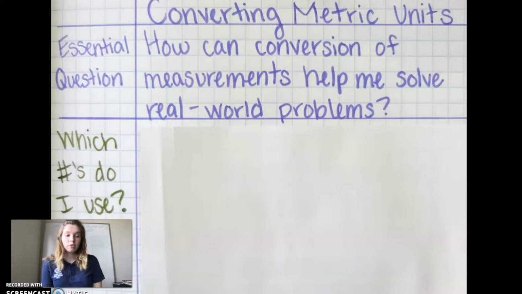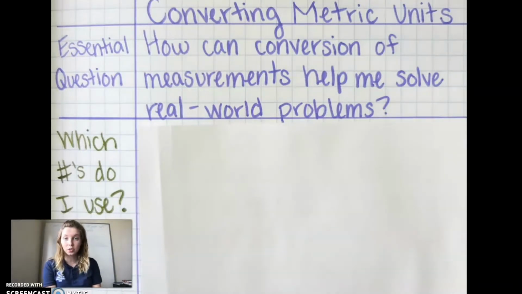We were converting from inches to feet, or from cups to gallons. So converting is going from one unit to another. This time we're going to use metric units instead of customary units. Now it's asking us how it can help us solve real-world problems. We are going to be coming back to that at the end of this video and answering this question at the bottom of the notes.